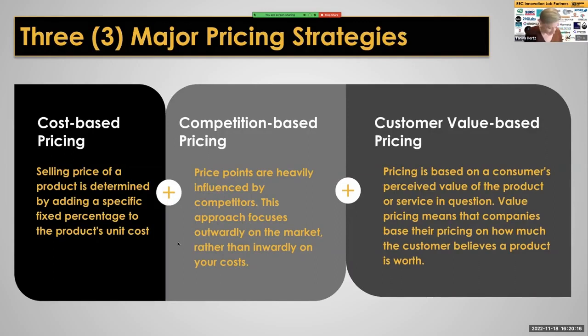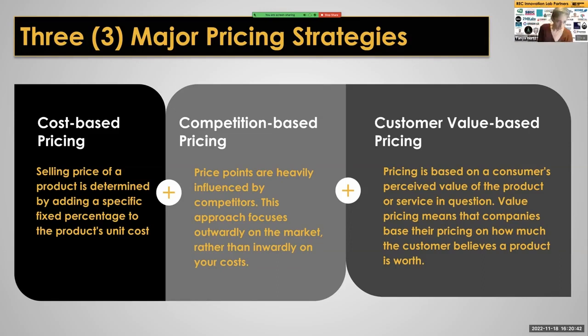And we talked a little bit about this before, but I just wanted to go a little deeper into pricing. I want to make sure that you understand that you should not just look at pricing in terms of how much it costs you to make a particular item, but that's important. So a good way to look at pricing is to look at it from a multi-pronged approach.